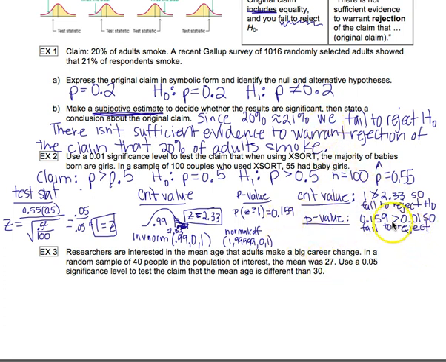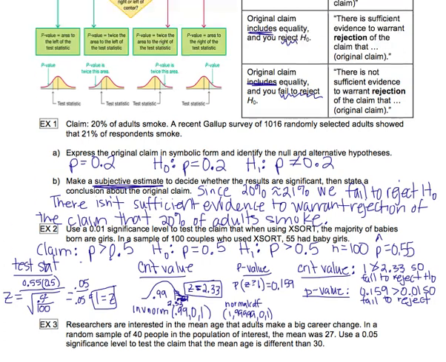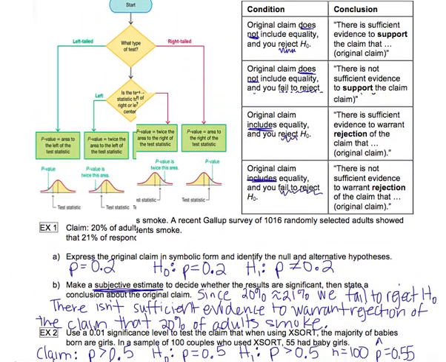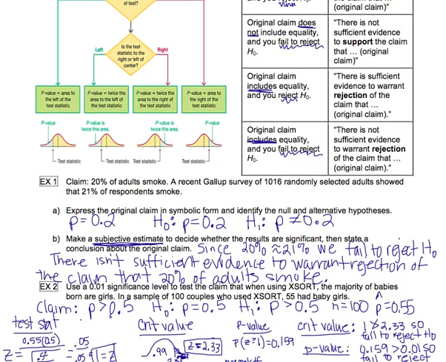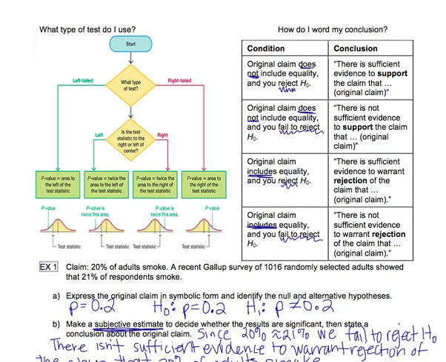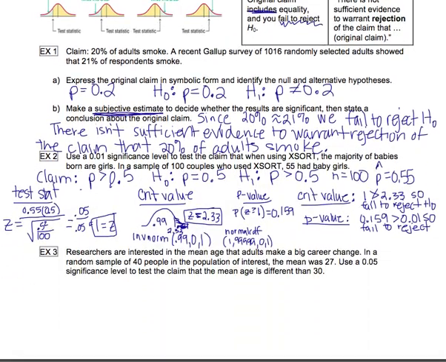So now, since we have failed to reject, we have to word our final conclusion, and that's what we do here. So our original claim was that p was greater than 0.5. So that means the original claim does not include equality. So that's these first 2 rows. We failed to reject, so that means this row. So we write, there is not sufficient evidence to support the claim that, and then we write out the original claim.